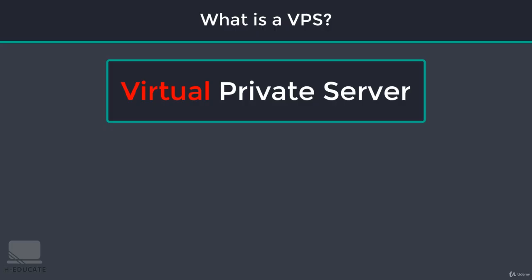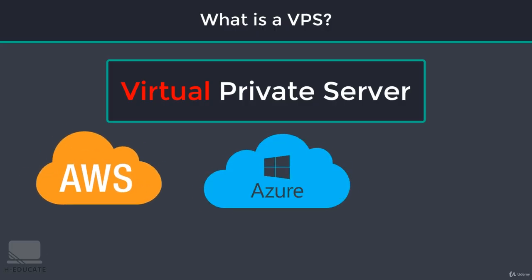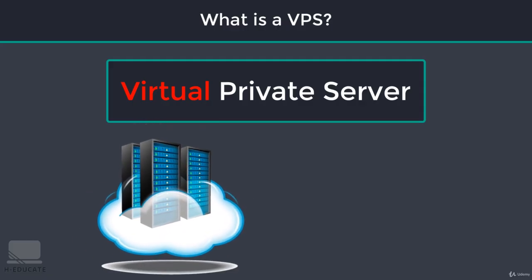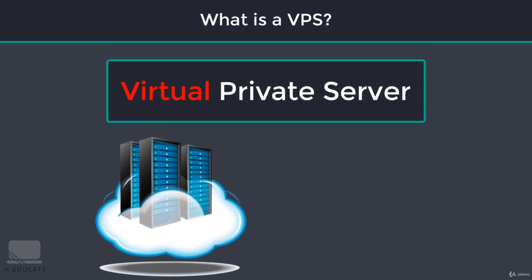How is it created? Simply, when we talk about hosting providers like Amazon Web Services, Microsoft Azure, DigitalOcean, or whatever web hosting companies, these companies have huge data centers. A data center is a combination of a lot of servers connected together, physical servers.